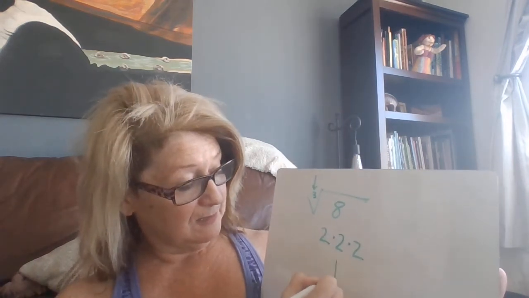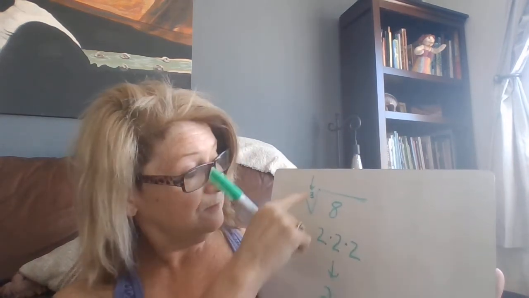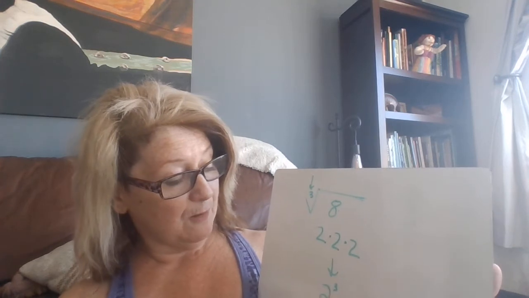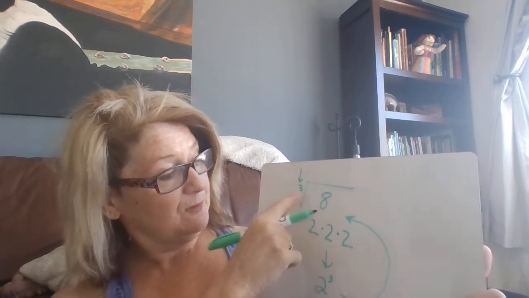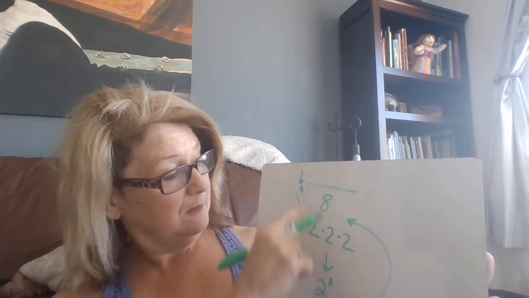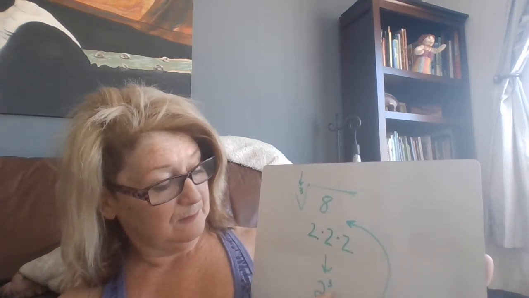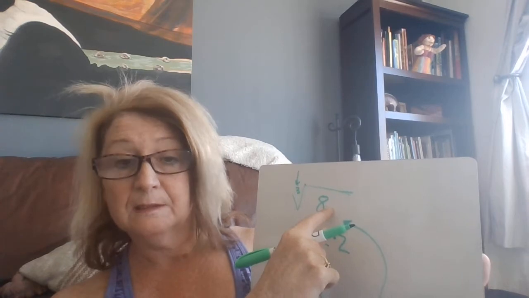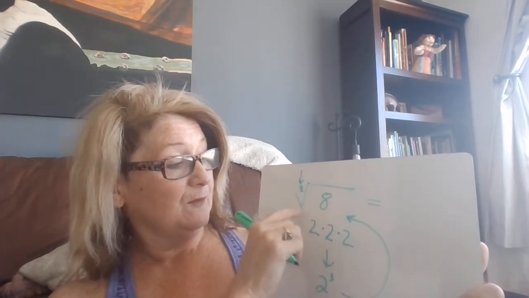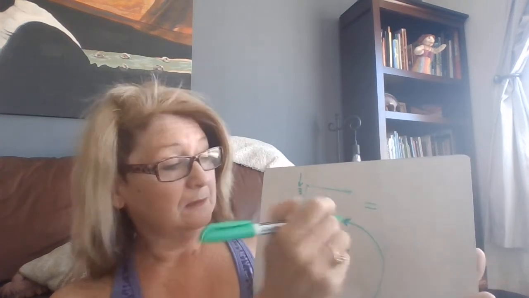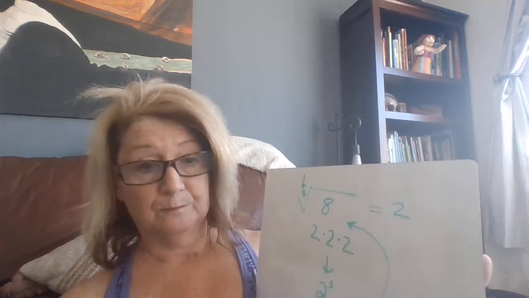Because think about this, 2 to the third power equals 8, which is ultimately what it's doing. What number times itself 3 times gives me 8? And so therefore, my answer for the cube root of 8 equals 2.